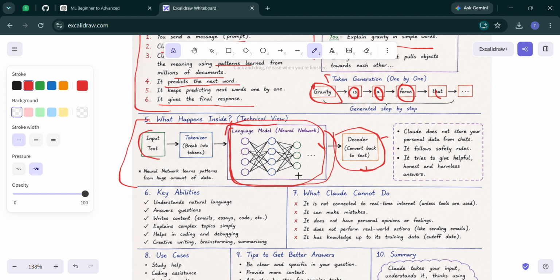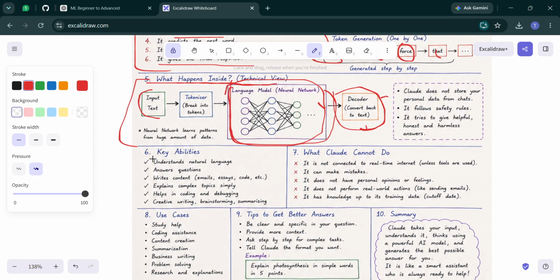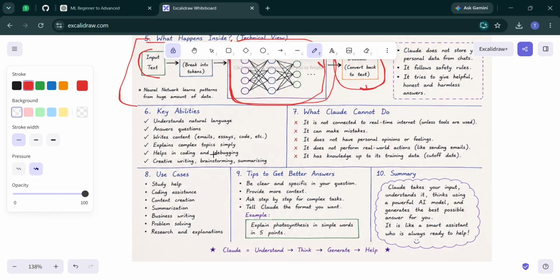Now we come back to the key abilities of Claude. First, Claude can understand natural language, meaning your native language, and answer questions. It writes content, emails, and essays, and you can also use it for code writing.